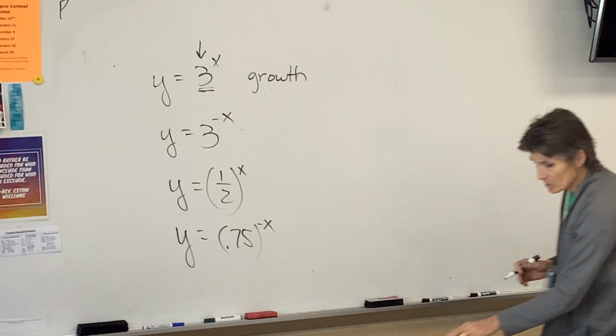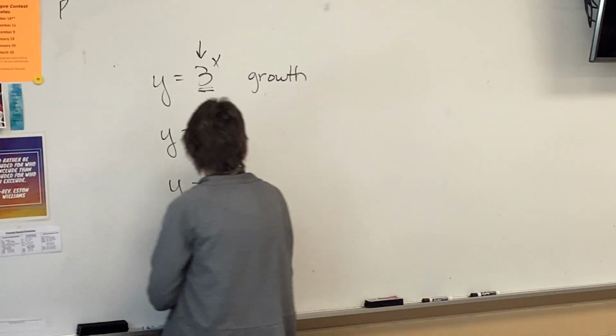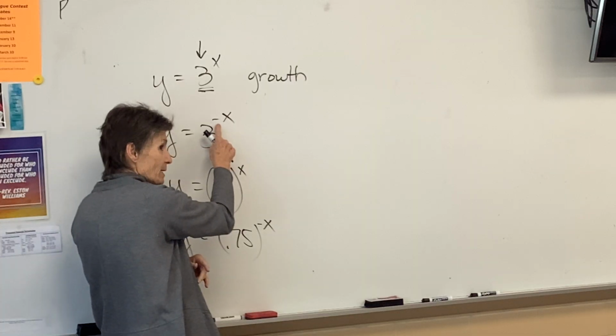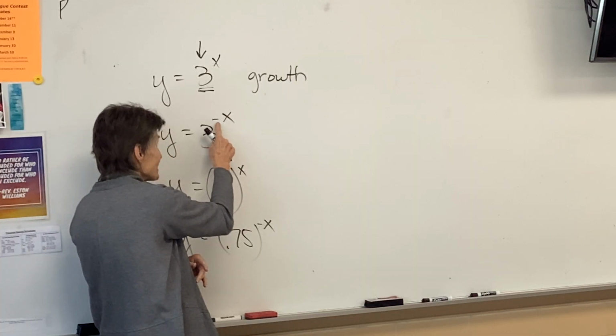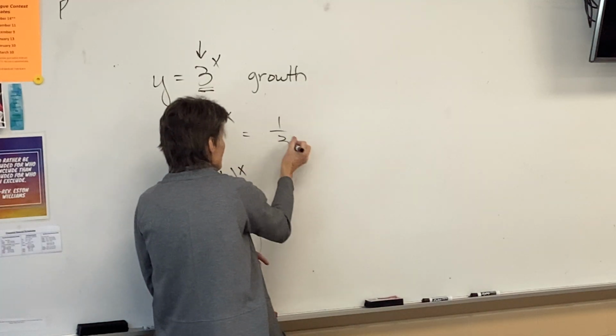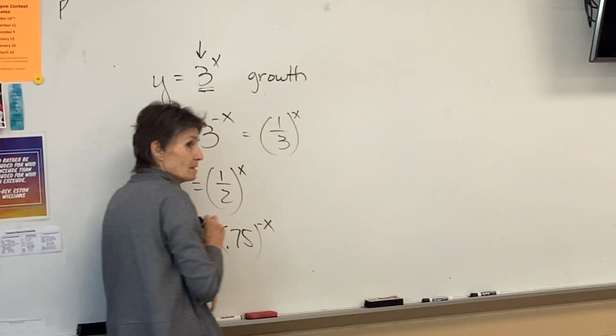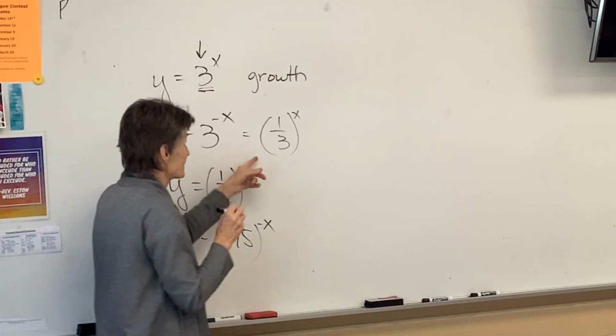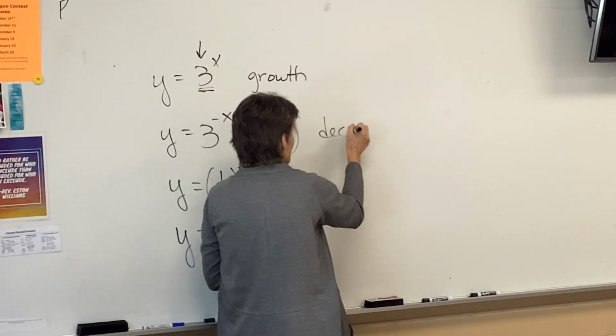Now, this one you have to really think about because your eyeballs see a 3. You see that negative exponent right there? What does that do? That turns it into a 1/3, doesn't it? 1 over 3. So this is an example of decay.